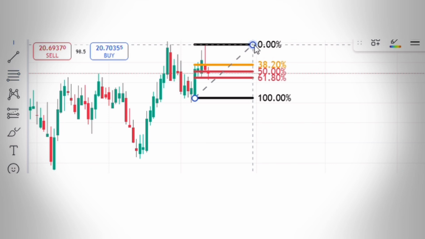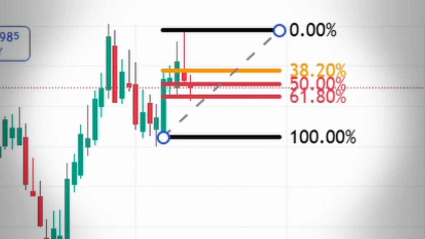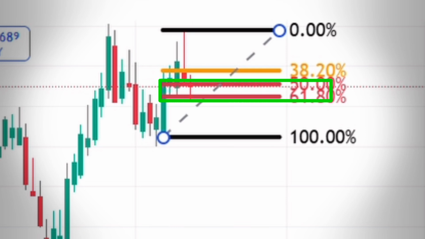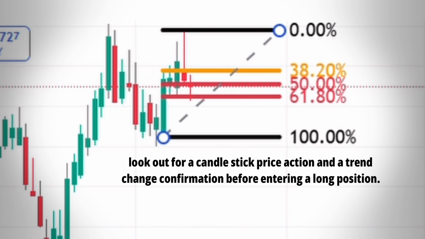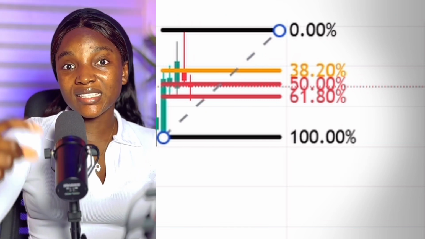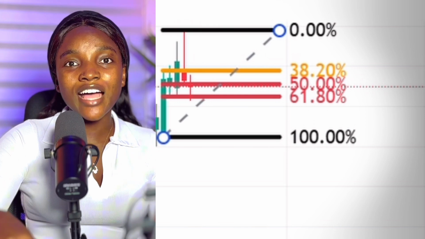Now you want to look out for when price reaches the 50 or in between the 50 and the 61.8% level or the 61.8% level. So once price reaches either of these fib percentage points, look out for a candlestick price action and a trend change confirmation before entering a long position, because you are expecting that once price reaches either of these fib percentage levels, there's going to be a trend reversal, because these fib percentage levels are expected to act as support.